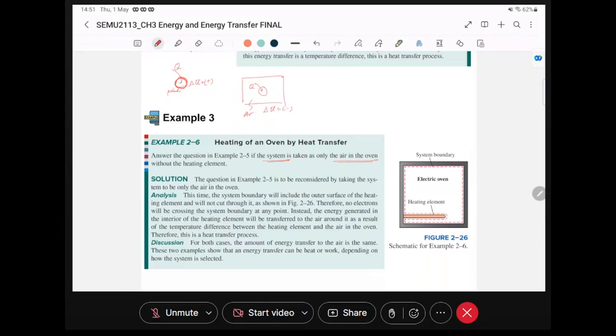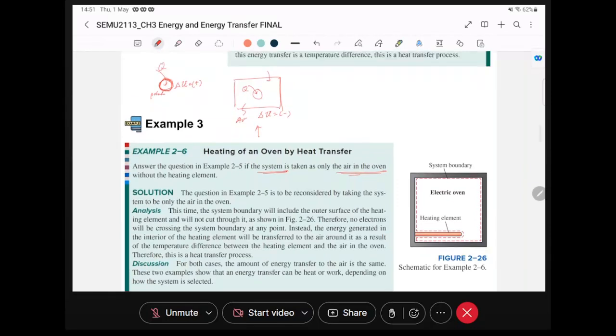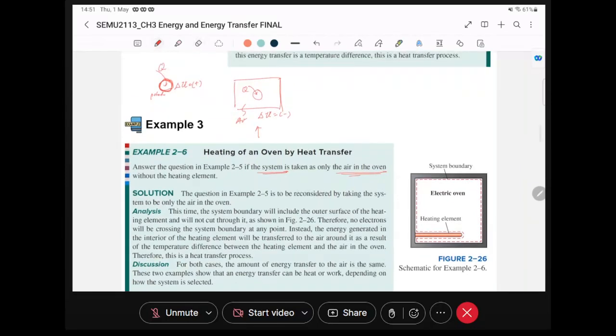Okay. So now the question: draw a clear boundary between the air only, which is this one. Okay. So then if there is no external work coming in, sorry, if we're just looking at this air here, of course there's a heat transfer into the potato.